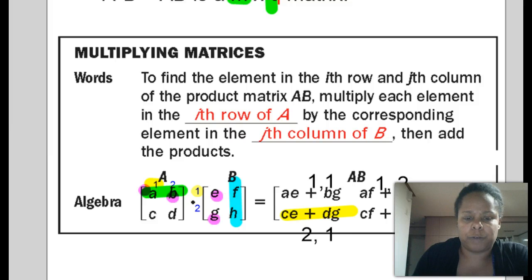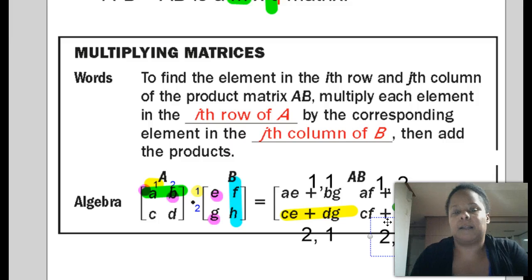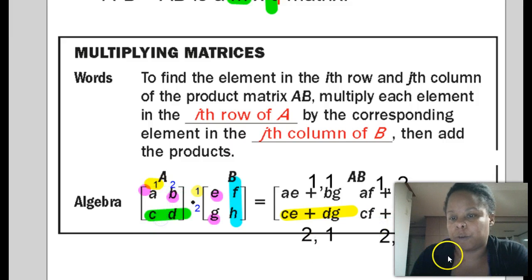And then for the last one over here, second row, second column, I do the exact same process, but in this case we're using the second row of the first matrix and the second column of the second matrix. So first times first, C times F, and D times H. Okay?